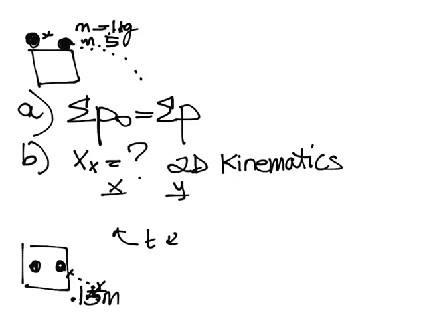Okay, and we know that the angle is about 30 degrees. Okay, so in C we want to calculate the speed of ball C right after the collision.